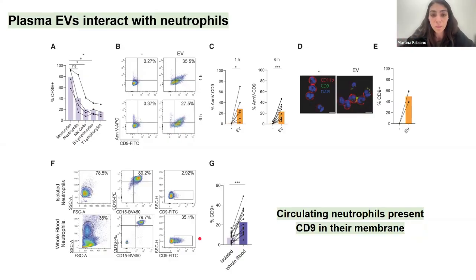So as you can see here, the whole blood neutrophils exposed a lot more CD9 than the isolated ones. But remember that neutrophils do not express CD9. So this suggested that circulating neutrophils present in their membrane CD9 that could be from the plasma extracellular vesicles.